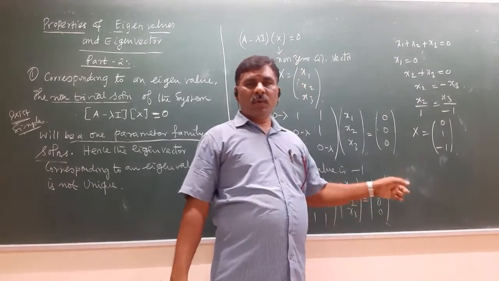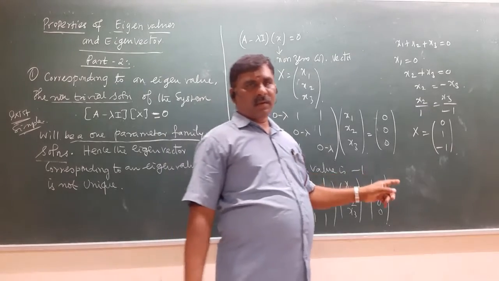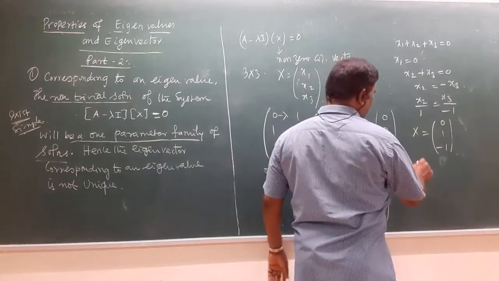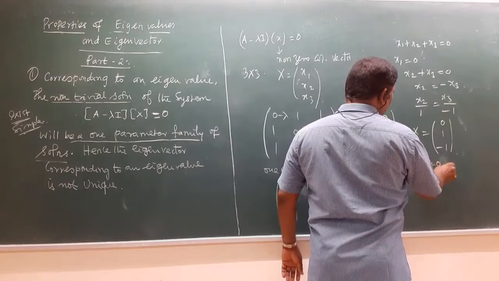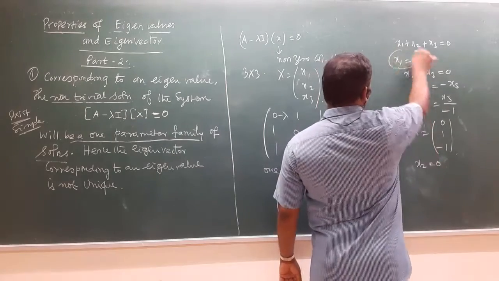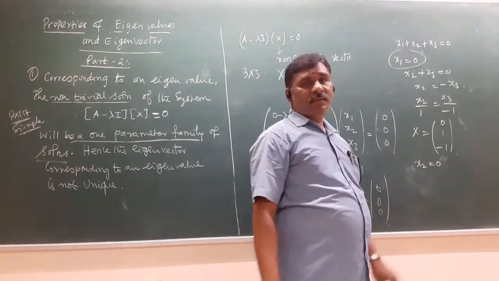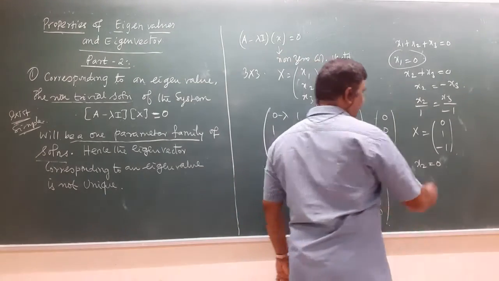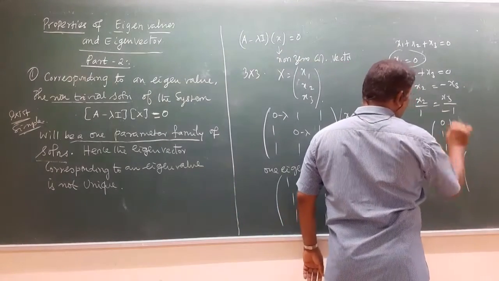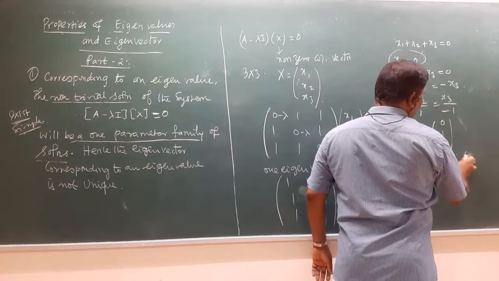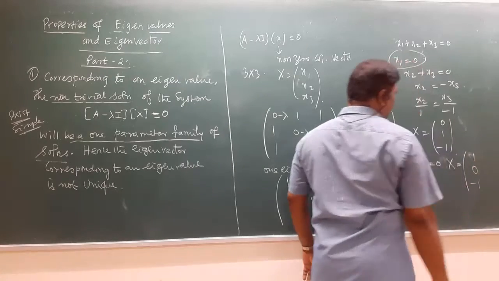It is one eigenvector. Similarly, in the beginning we substituted x1 equal to 0. In case I substitute x2 equal to 0, the eigenvector will change to 1, 0, minus 1.